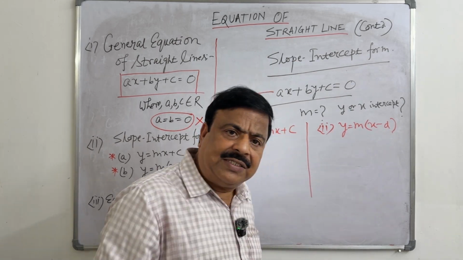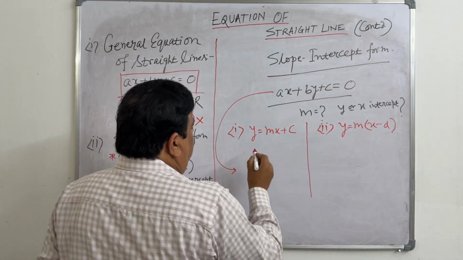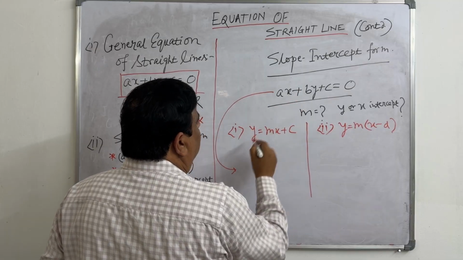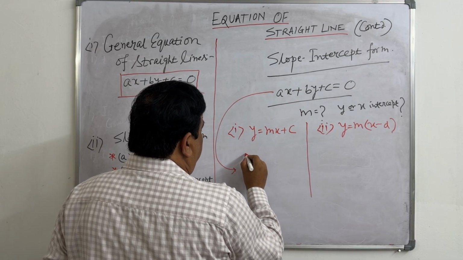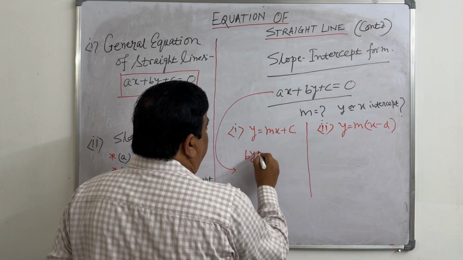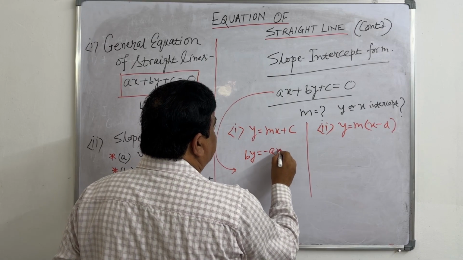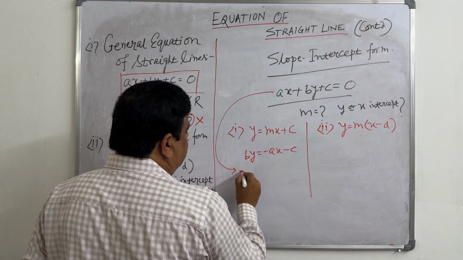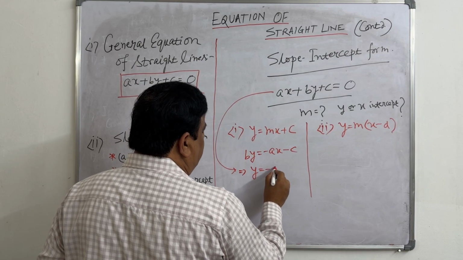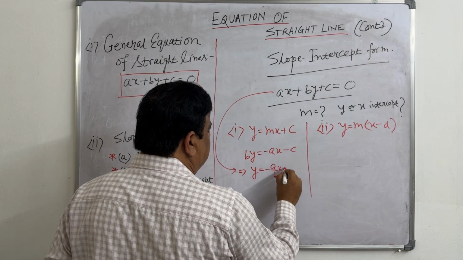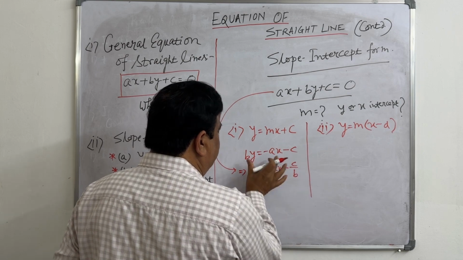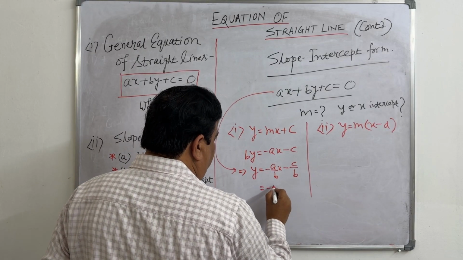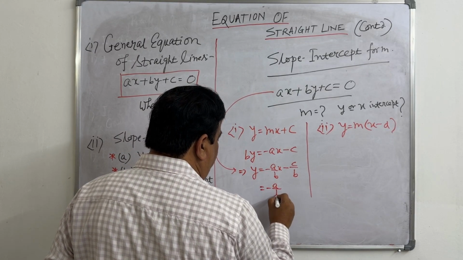Let us first find the y-intercept. So if you arrange this equation, you can write it in this form: by is equal to minus ax minus c. If you divide both sides of this equation by b, I can write it in this form: y is equal to minus a by b into x minus c by b.